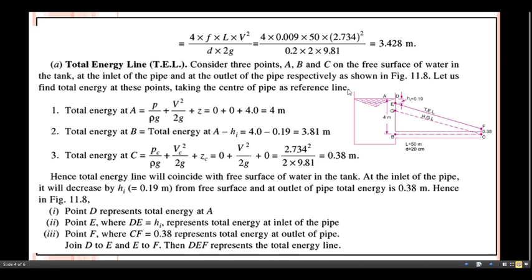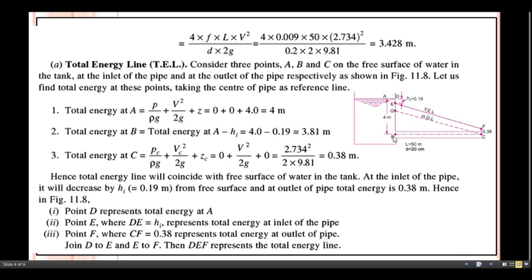So consider 3 points A, B and C on the free surface of the water in the tank, at the inlet of the pipe and at the outlet of the pipe, as shown in this figure. Let us find the total energy at these points, taking the center of the pipe as a reference point.